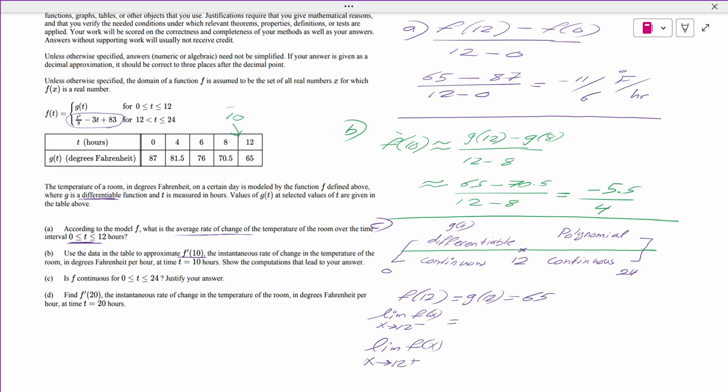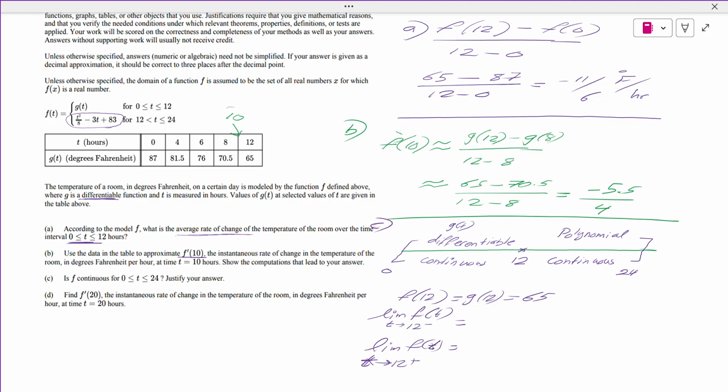And the limit of f of x, I should use f of t, sorry. So what is the limit of f of t as t approaches 12 from the left?